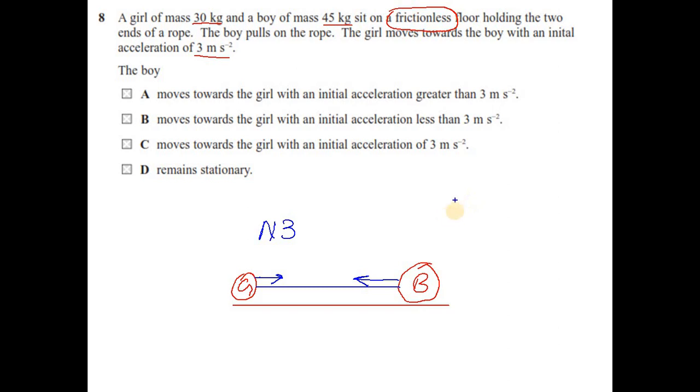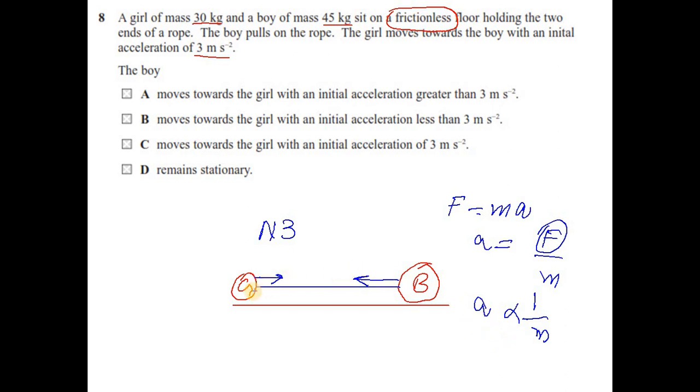So according to F is equal to ma, if you see, acceleration depends on two factors, F over m. For both cases, for the girl and the boy, the applied force is the same, but the mass of the boy is greater than the girl. That means acceleration is inversely proportional to the mass.